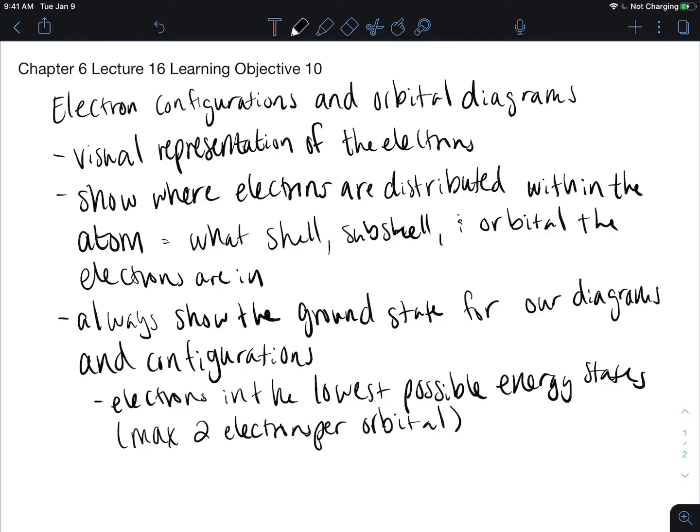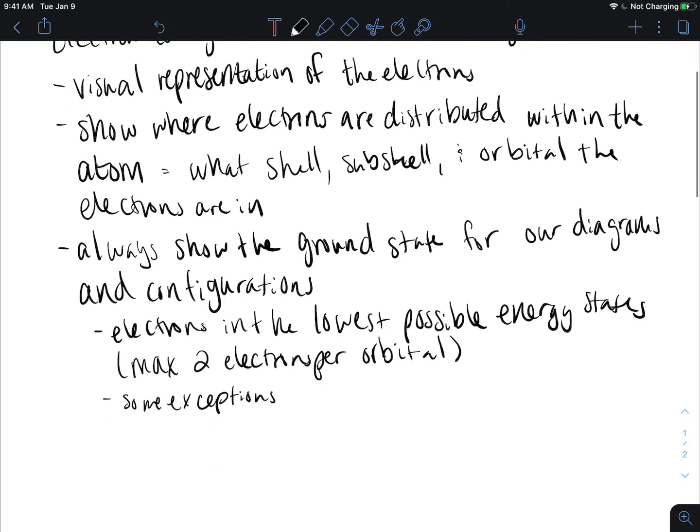And this is going to keep our lowest energy state for our atom. And of course, there are going to be some exceptions, which we will talk about. And it's going to be based on electron repulsion and stabilization effects.